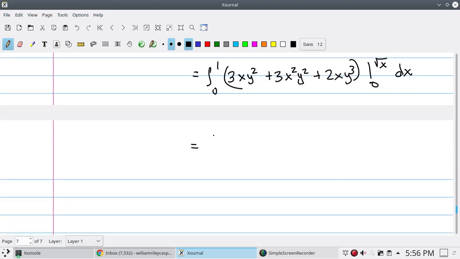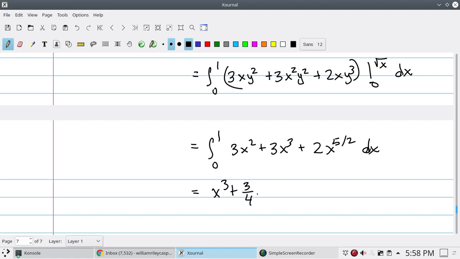So this is going to be the integral from 0 to 1 of 3x squared plus 3x cubed plus 2x to the 5 halves power, dx. This integral is very easy to do, so this becomes x cubed plus 3 over 4 x to the 4th plus 4 over 7 x to the 7 over 2, evaluated from 0 to 1.